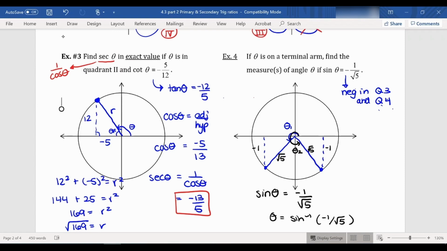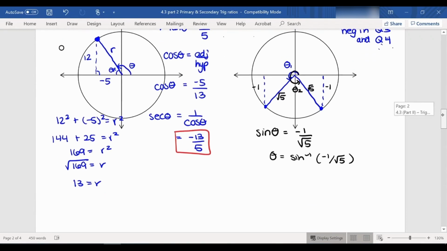Now, when we do this, we are going to get a negative angle. So that's going to represent our quadrant 4 angle. If we plug this into our calculator, we do the inverse sine of +1 over √5, we would get our reference angle. When we plug this into our calculator, again, it doesn't say radians or degrees, so I'm going to use degrees here because it's what we're comfortable with.